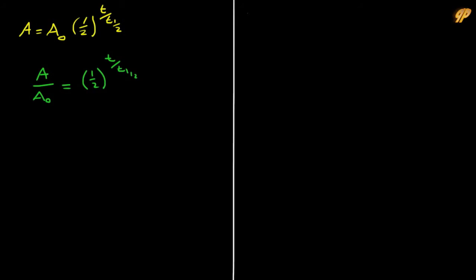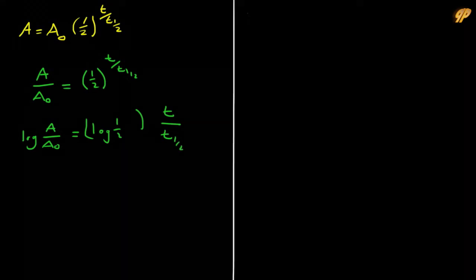In order to remove this, we need to log both sides. That then gives us log A over A naught equals log a half multiplied by time over time a half. So the time over time a half is no longer a power.